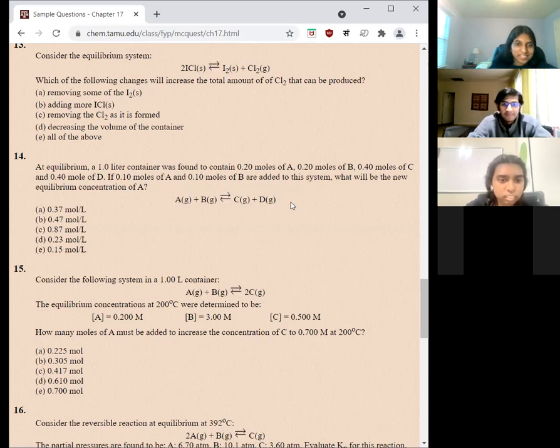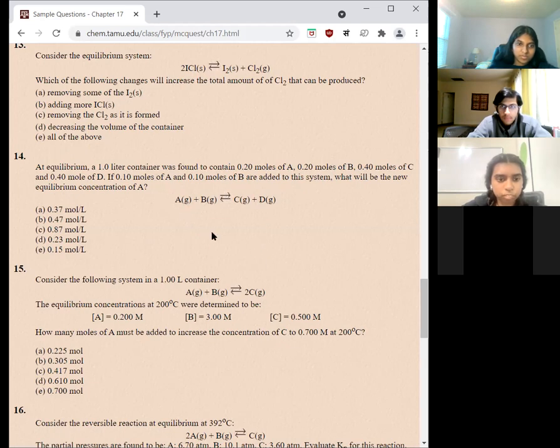Okay, these are all gases, so we're good with that. Since it's 1 liter, the molarity is basically the same numbers. A and B are added to this system, specifically this much.